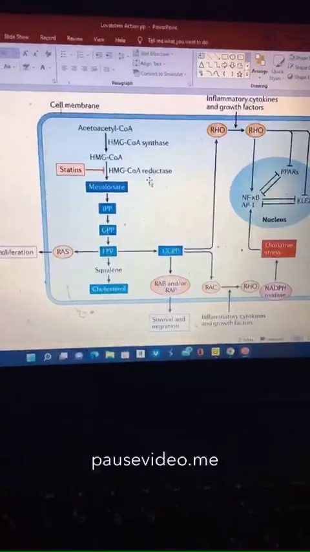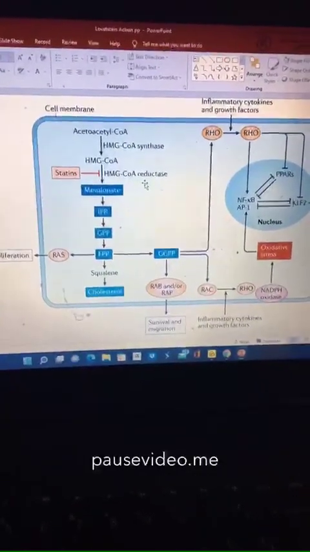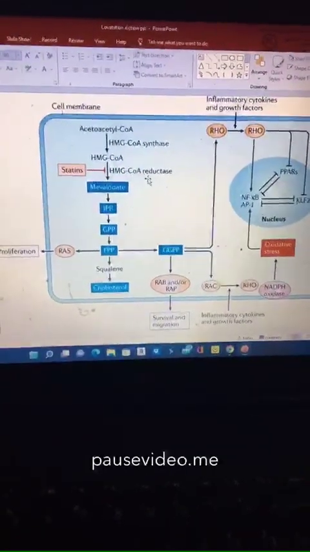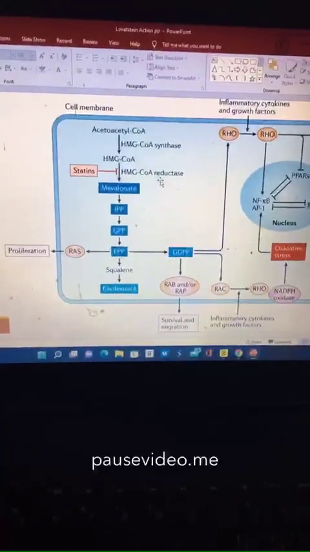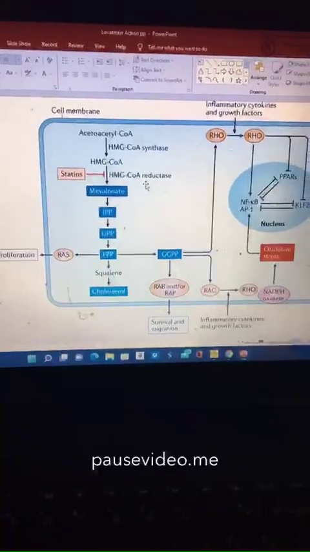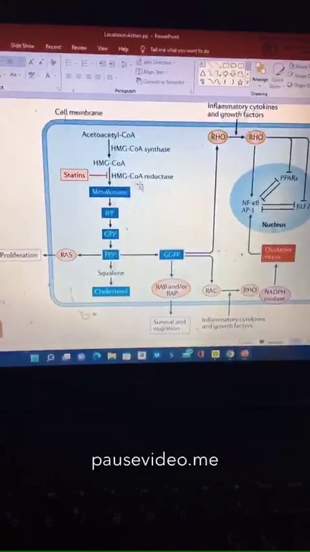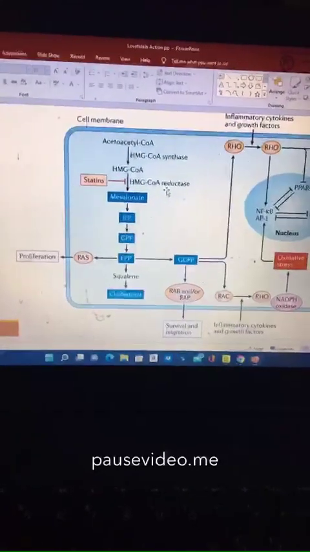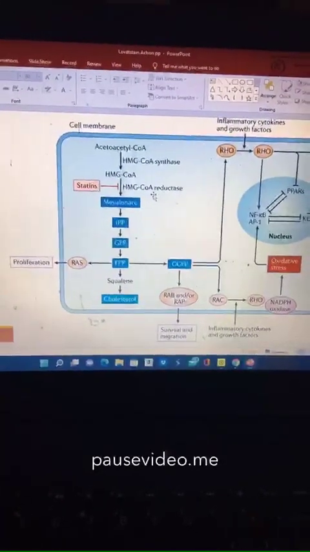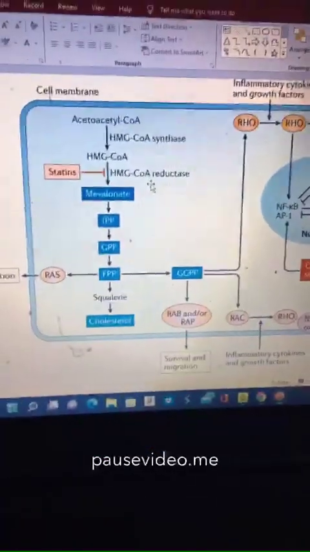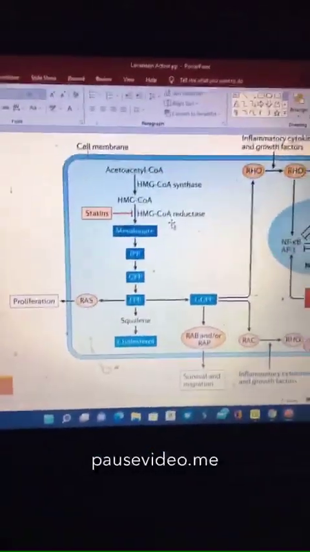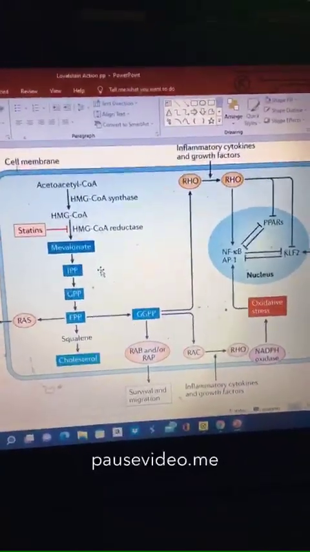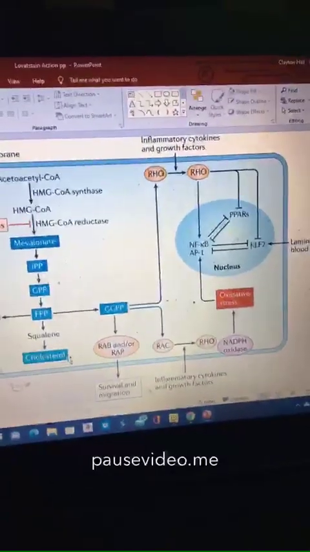So Lovastatin and some other statins actually work through competitive inhibition, and again act as HMG-CoA reductase inhibitors, which ultimately, if you can recall the definition of competitive inhibition, don't eliminate, but do reduce the following products.